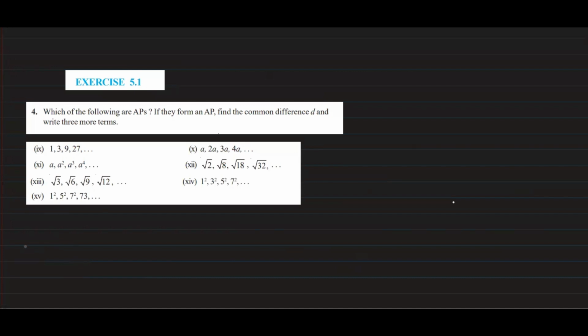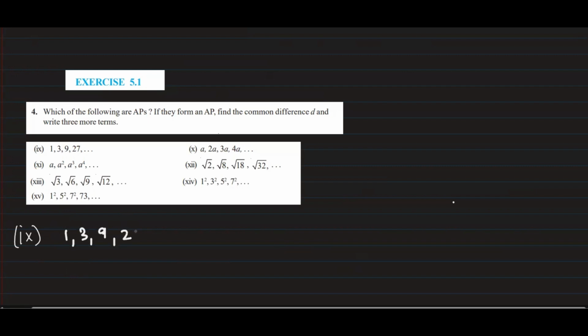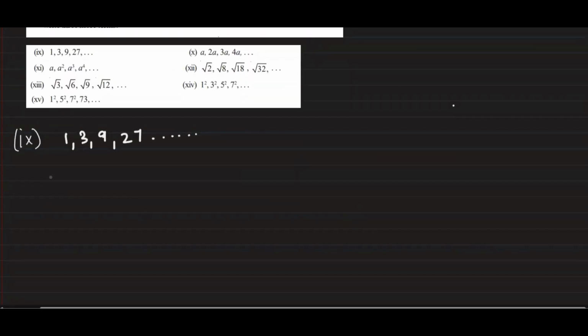Now question 9. The list of numbers is 1, 3, 9, 27 and so on. To find D, we write the first term as A1, then A2, A3, A4, and so on. D will always be A2 minus A1, or A3 minus A2.